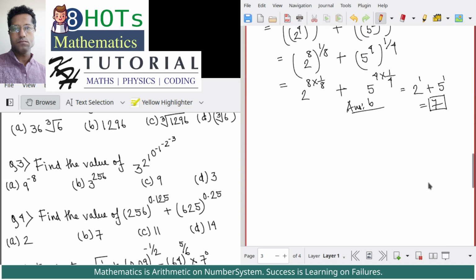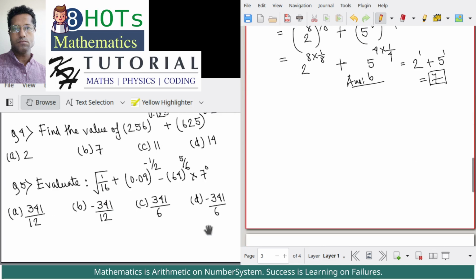Okay. Let's see the last problem. Question number 5. Evaluate the given expression: square root of 1 by 16 plus 0.09 raised to the power minus half minus 64 raised to the power 5 by 6 multiplied by 7 to the power 0.